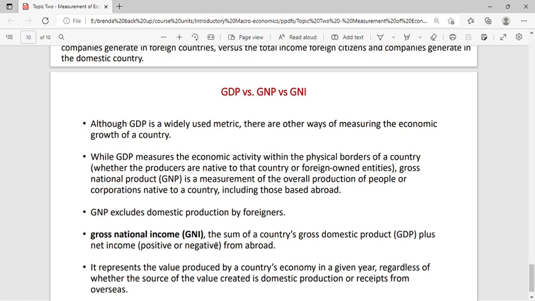But for gross national income, in addition to the gross domestic product, we add on what our nationals from abroad earn, probably from employment. So this represents the value produced by a country's economy in a given year, regardless of whether the source of the value created is domestic or receipts from overseas.